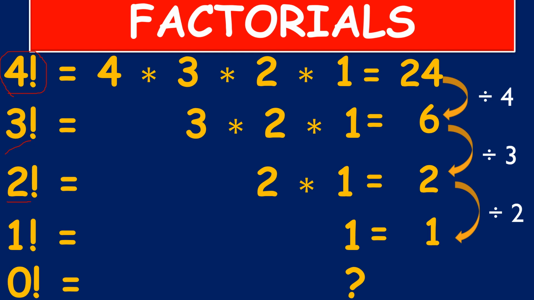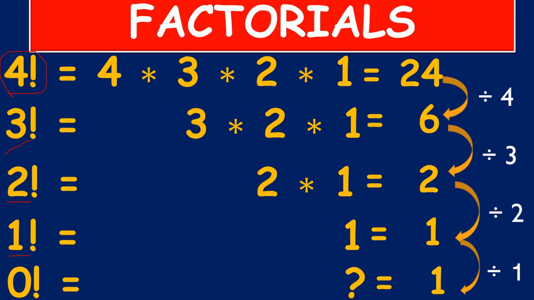Now, clearly, in going from 1 to the next value, we will be dividing by 1 based on the consistent pattern. And when we divide 1 by 1, we get 1.